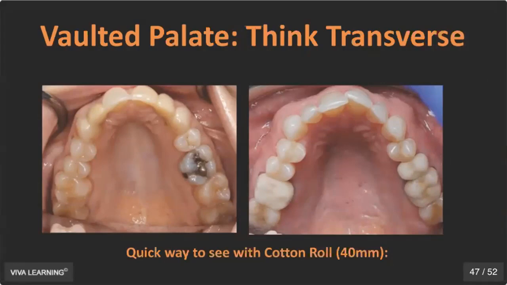And if you put that cotton roll from first molar to first molar, if it fits, they're more than likely okay. But if it's not, I would say maybe they're a little bit too narrow. And again, if they're too narrow, the maxilla is going to greatly influence the mandible. And if the maxilla is narrow, a lot of times you're going to see a narrow mandible as well. And that actually holds true if a maxilla is deficient. A lot of times our mandibles are deficient.